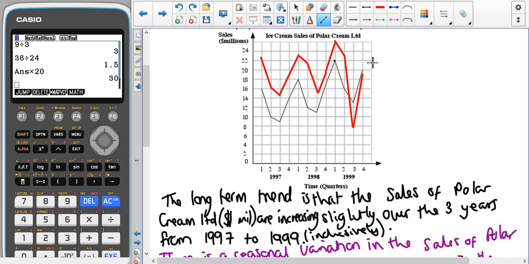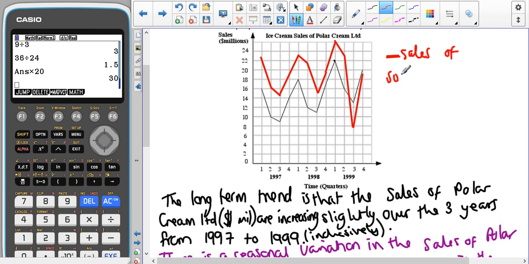Okay, so say if that was the data, and let's just say that the red line represents sales of suntan lotion, then we could say that the sales in suntan lotions follows a similar seasonal cycle as sales in Polar Cream Limited.